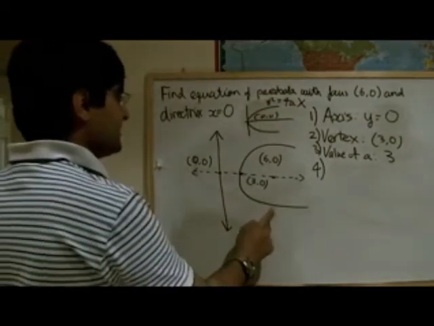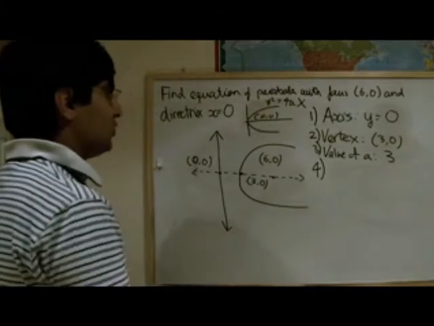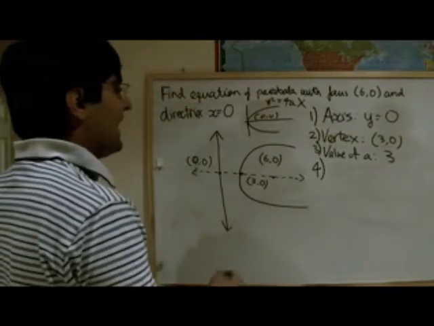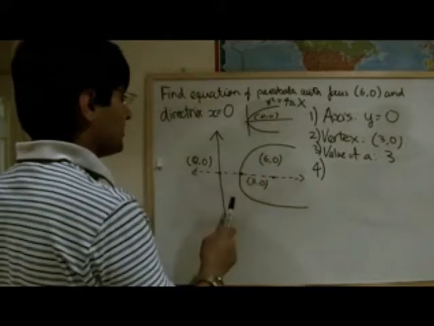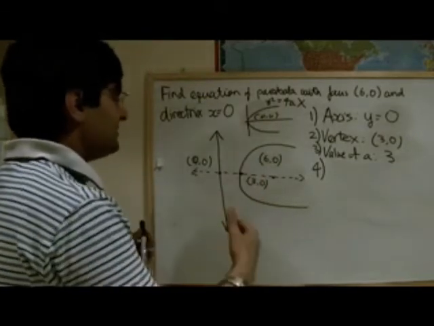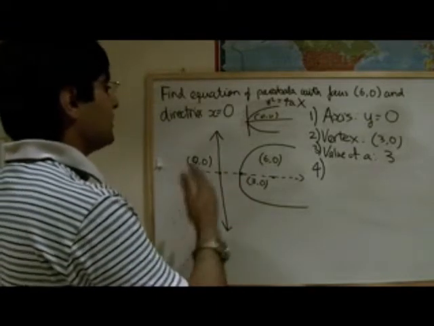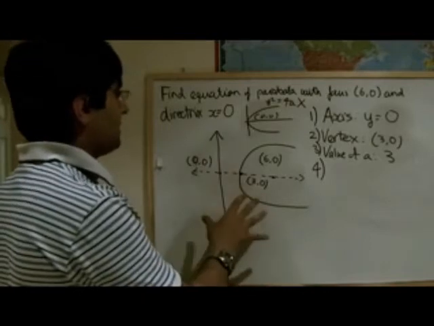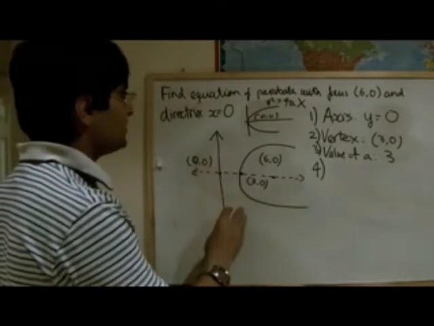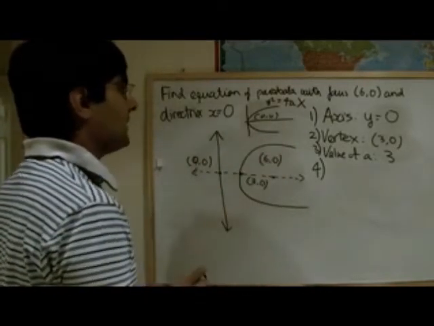You can clearly see that the parabola in the problem is almost the same as the standard parabola, except that it's been moved 3 units to the right. The vertex is not (0, 0), it's (3, 0). But it hasn't been moved up or down, only 3 units to the right. Hence, this parabola is a simple translation of the standard parabola.